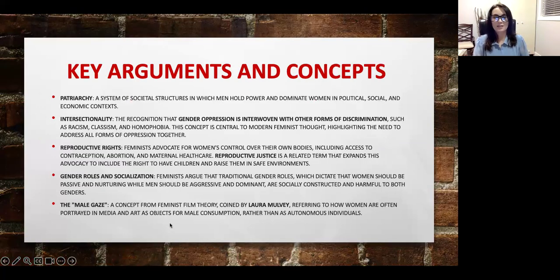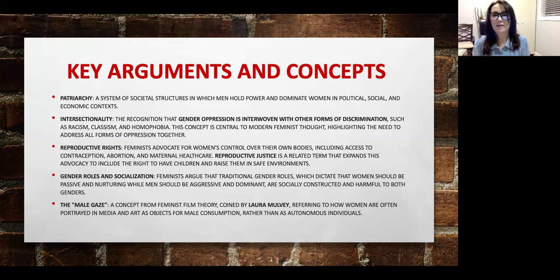Key arguments of feminism. Of course, patriarchy is one of the historical developments in society. It's a system of societal structures in which men hold more power and dominance in society, in politics, and in economic contexts.